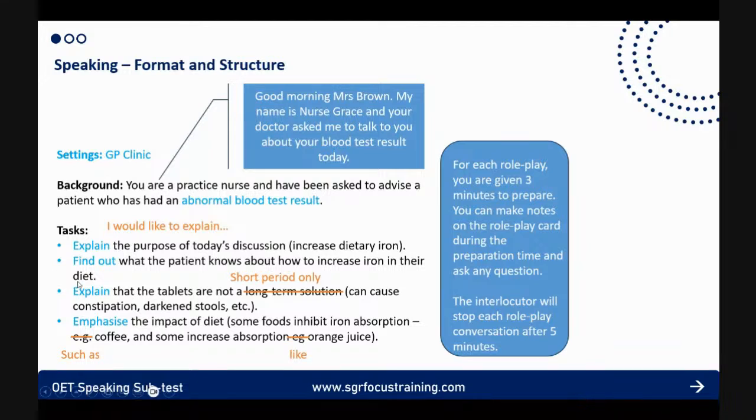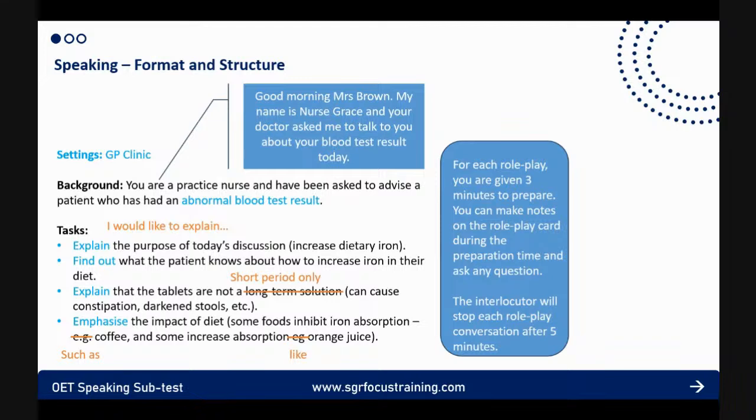Now, there are three key verbs that OET uses when they want you to ask a question. The first one is the verb find out, which is what we have on bullet point number 2. The second one is the verb ask. And the third one is the verb explore.